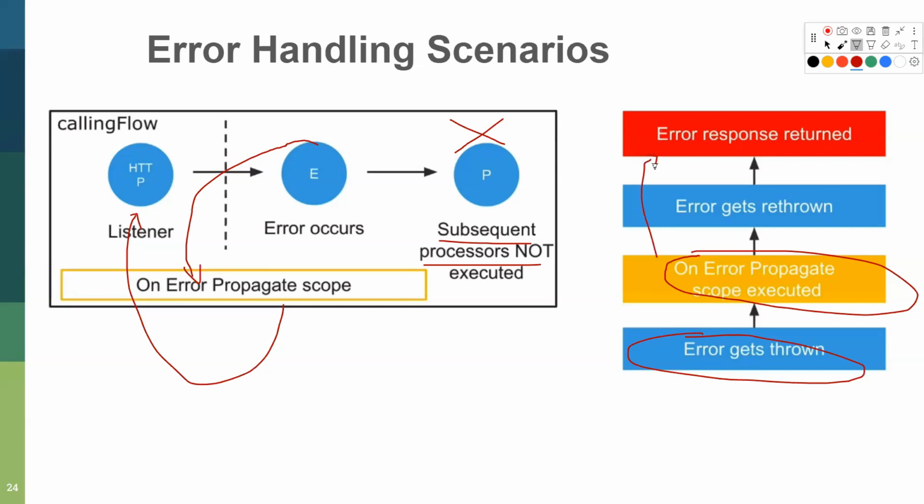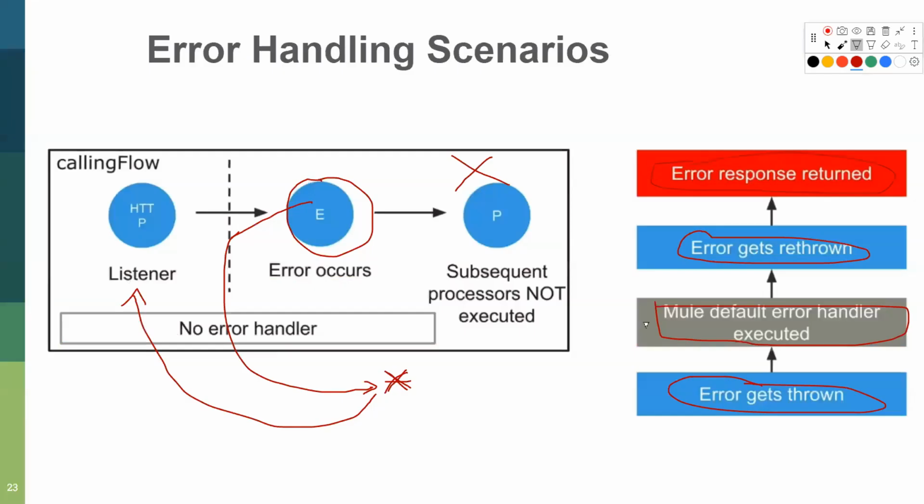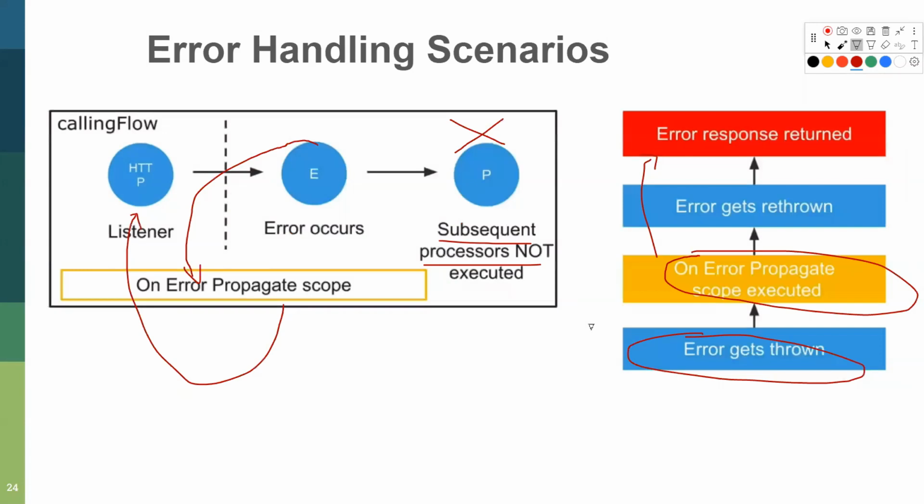So the response will be an error. As you can see, on error propagate and Mule's default error handler have the same behavior. Here also you can see subsequent processors don't get executed. Let's first see the concept here, and then I have flows. We will run them in debug mode and understand it in detail.